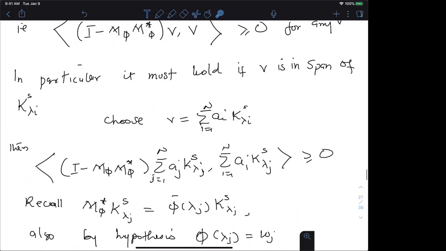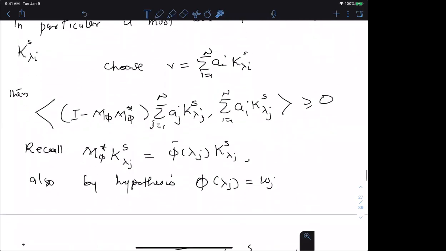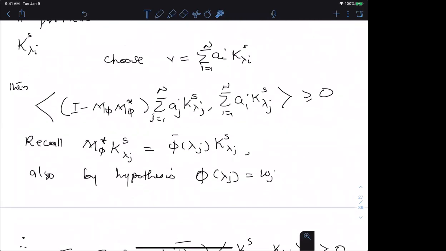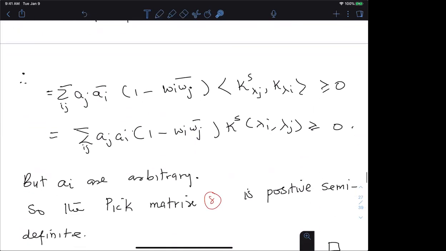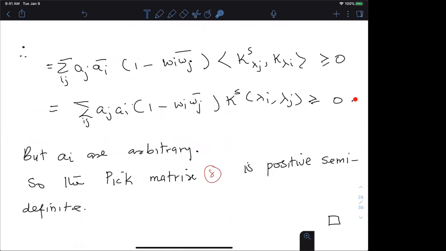In that case, substituting V into the previous expression, and recalling the idea that the action of the adjoint multiplication operator on the kernel is given as such, and also from the hypothesis that phi is the function that interpolates the data, putting all these three things together, we arrive at this expression.